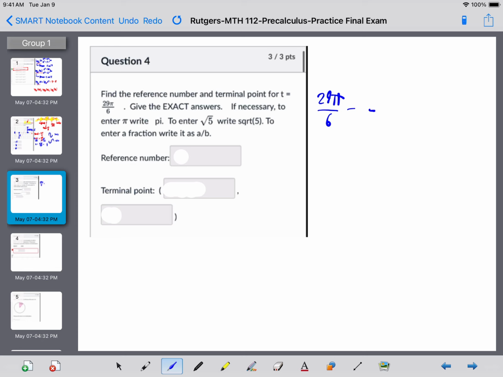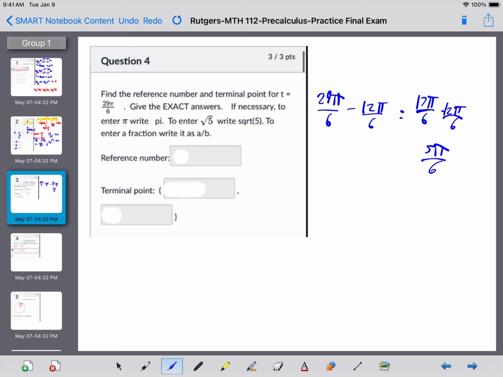So I'm going to subtract 2 pi, which is essentially saying subtracting 12 over 6. 29 minus 12 is 17. Alright. I will subtract 2 pi again, so another 12 pi over 6, which gives 5 pi over 6.